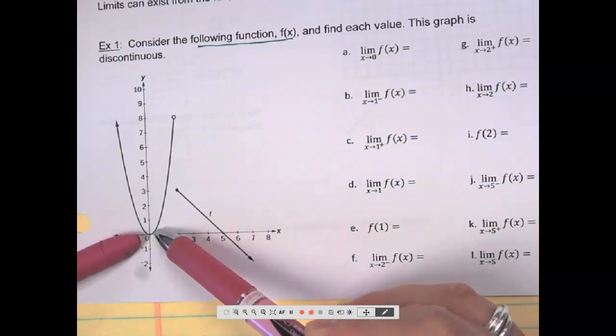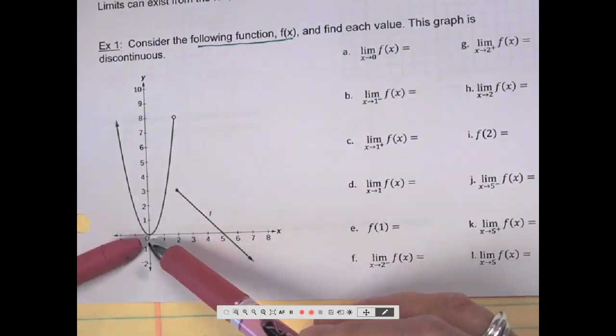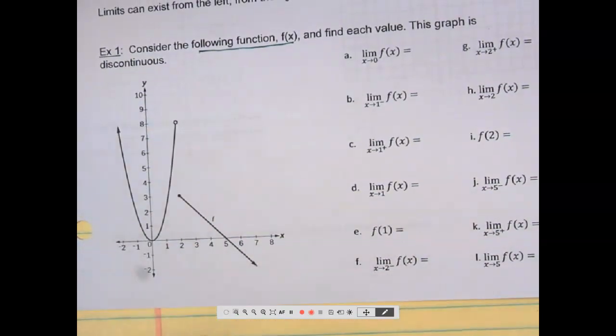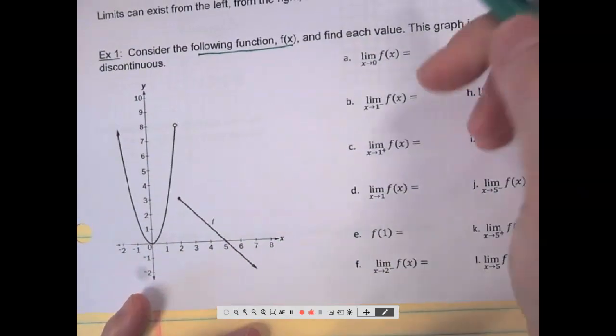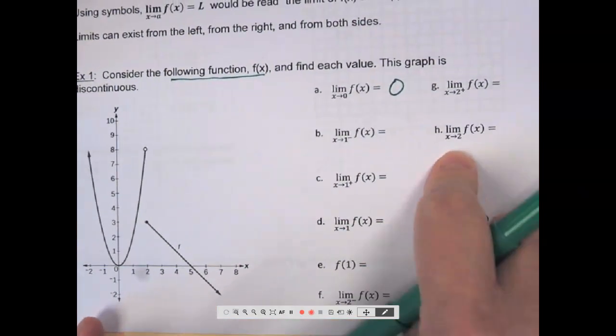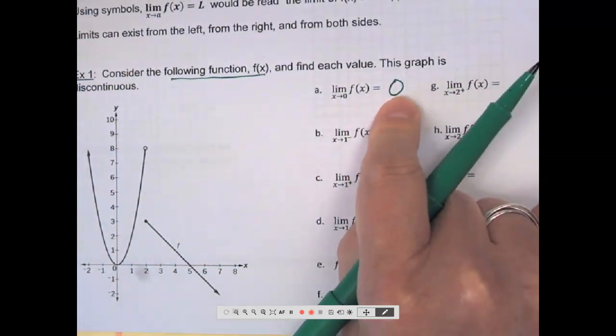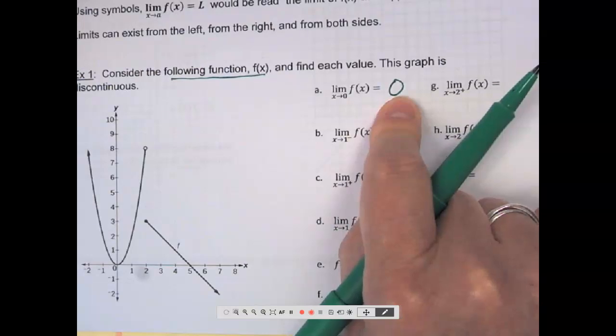What is the y value approaching as x approaches 0? The y values are getting closer to 0. So I would say the limit is 0. What this means is as the x's get closer to 0, the y value gets closer to 0.